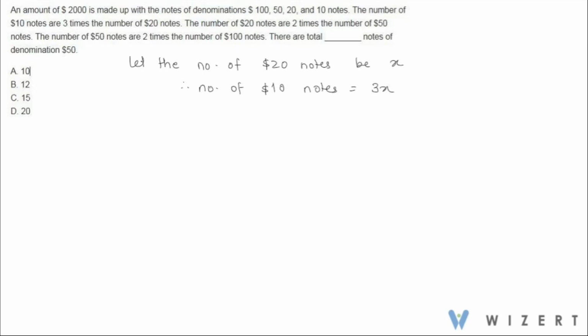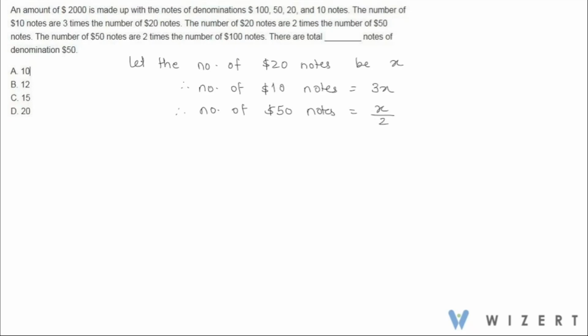Now the number of $20 notes is 2 times the number of $50 notes. Therefore, the number of $50 notes is half the number of $20 notes. So x by 2.